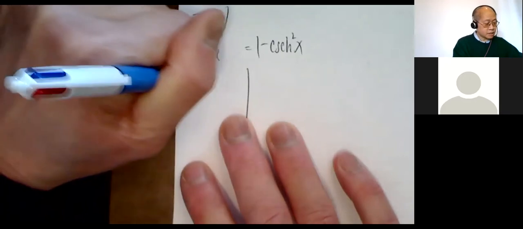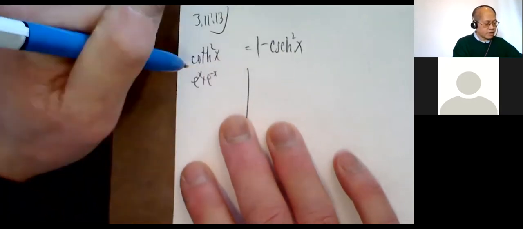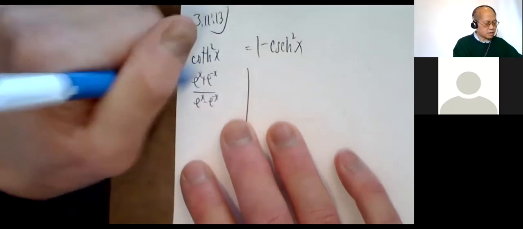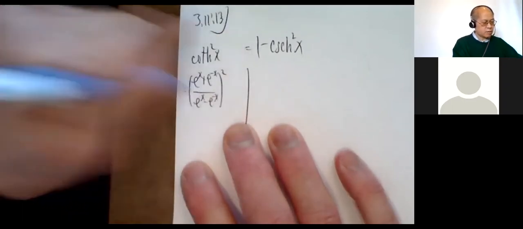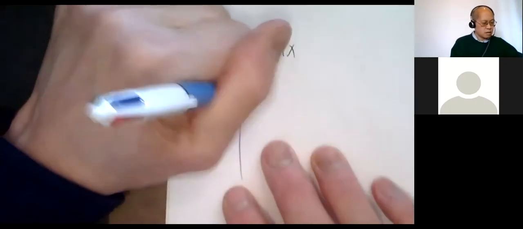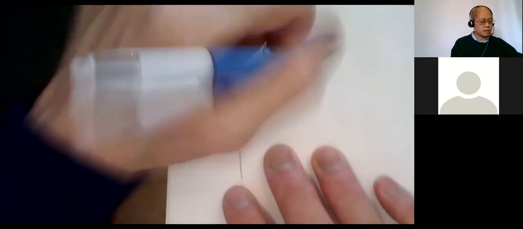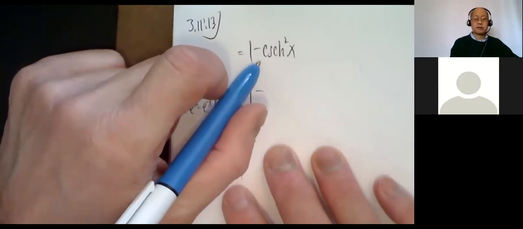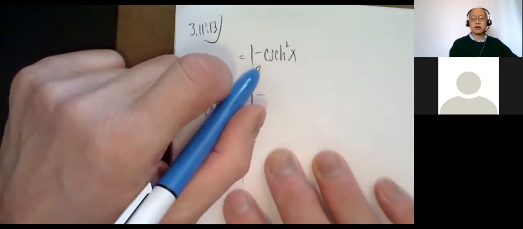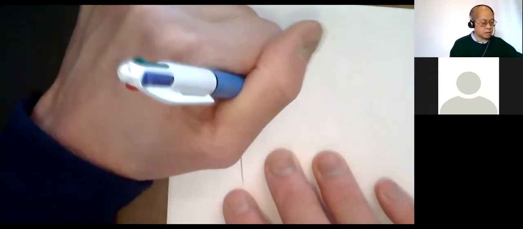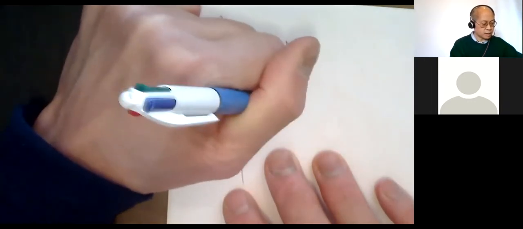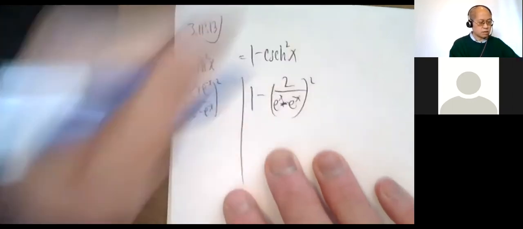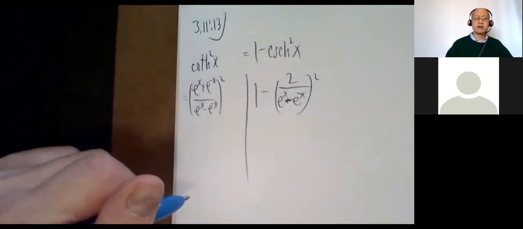So that's (e^x + e^(−x)) over (e^x − e^(−x)), squared. 1 minus. Okay, so hyperbolic cosecant is the reciprocal of sinh. 2 over (e^x − e^(−x)) quantity squared.